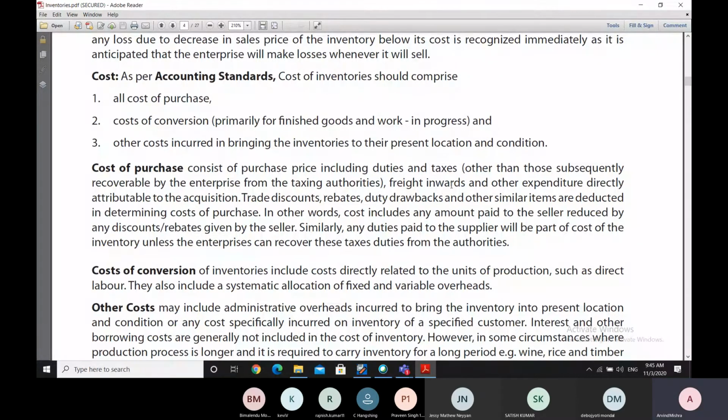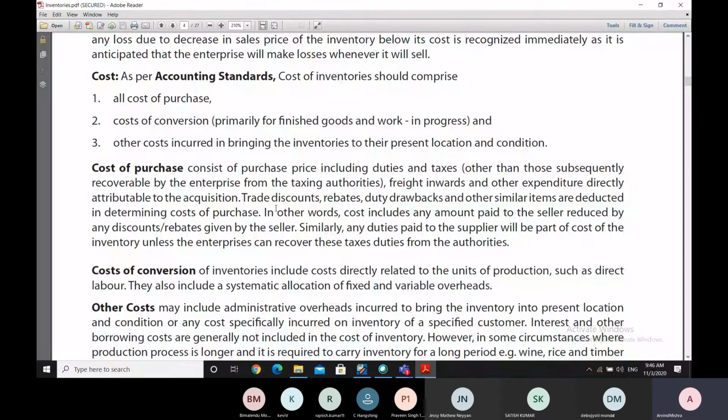Whatever freight is paid as part of the purchase cost, and apart from that, whatever other direct expenditures can be attributable to the acquisition of the purchased item, those expenditures will also be included in the cost of purchase.